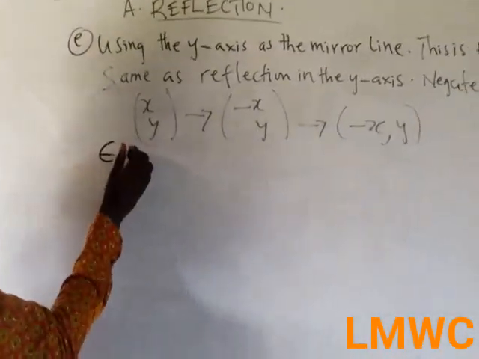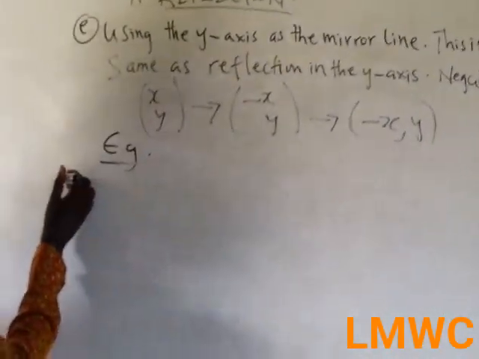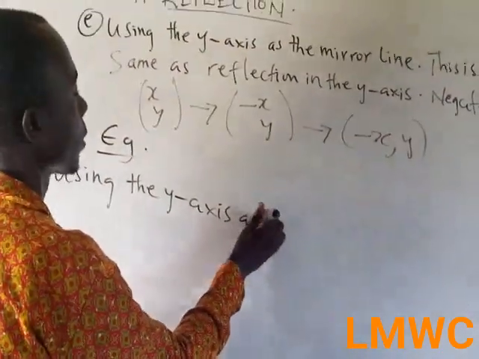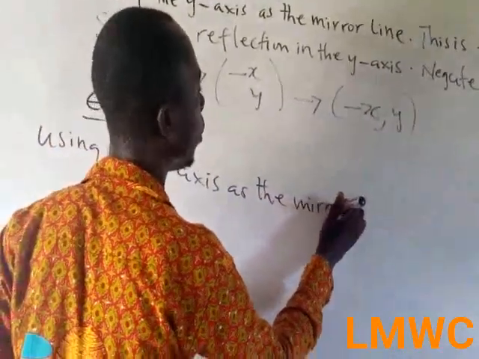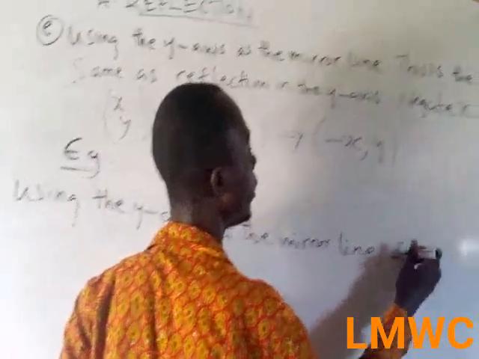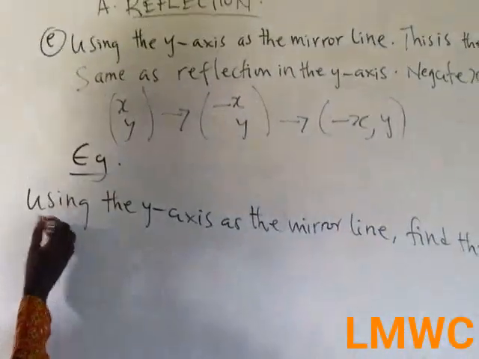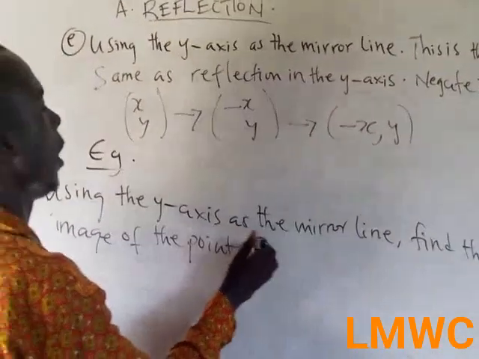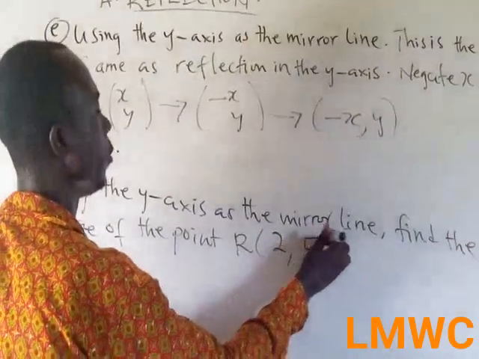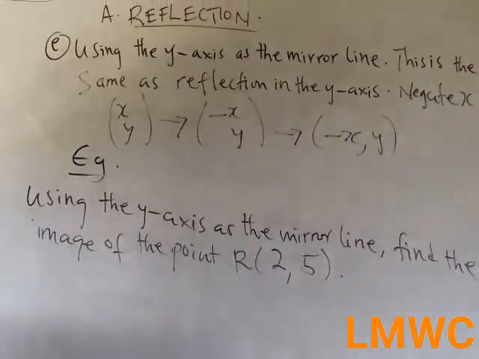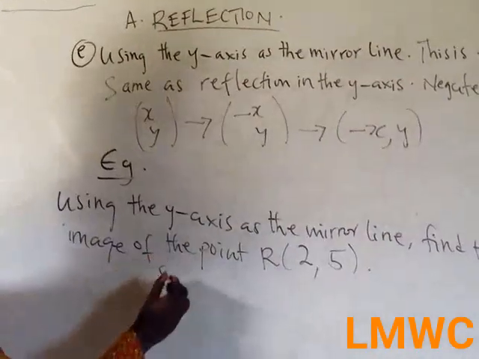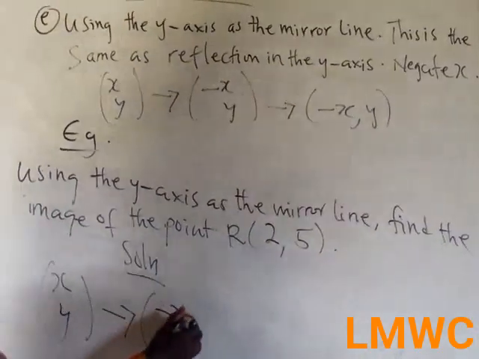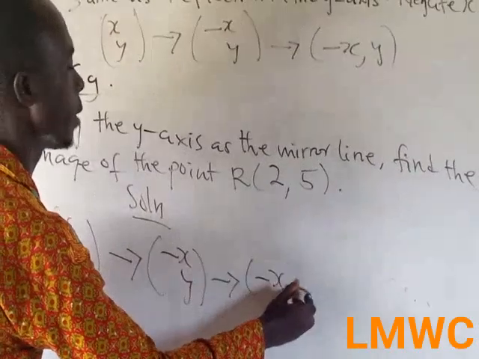So if I give you an example, using the y-axis as the mirror line, find the image of the point (2, 5). This is the same as reflection in the y-axis. Don't get confused. Solution. We know reflection in the y-axis, or using the y-axis as the mirror line, we negate x.